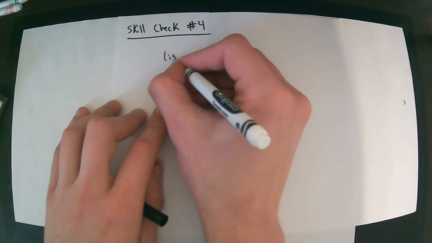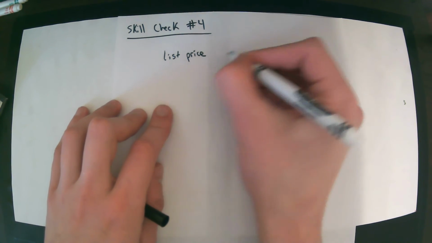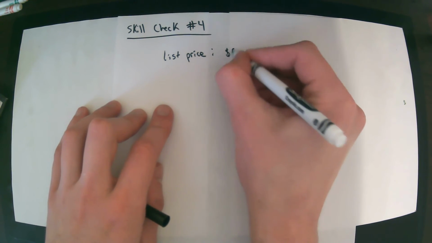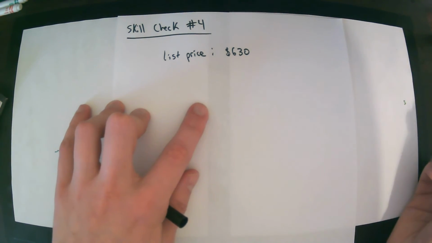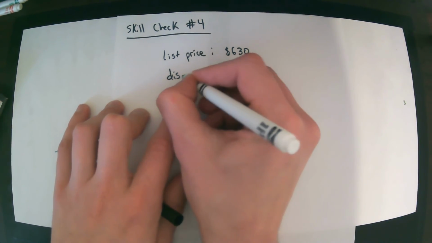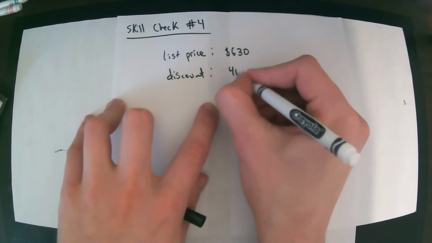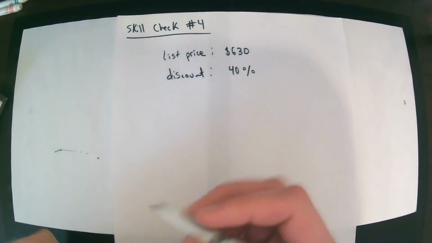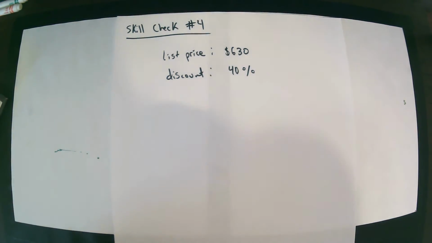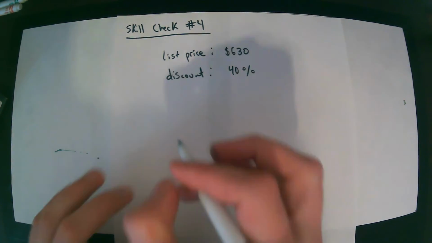So we have our list price that we found. We have a discount of 40%. And we want to know the sale price.